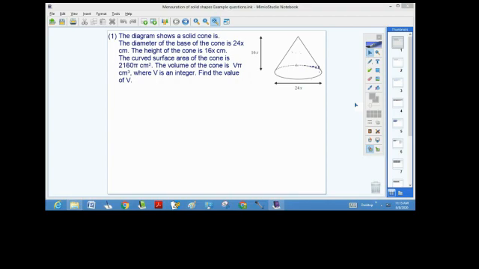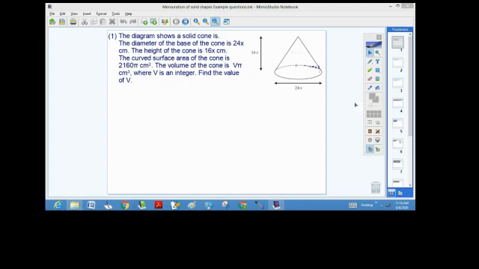So going by the first question we have here, we are given that the diagram shows a solid cone. The diameter of the base of the cone is 24 centimeter. The height of the cone is 16 centimeter.